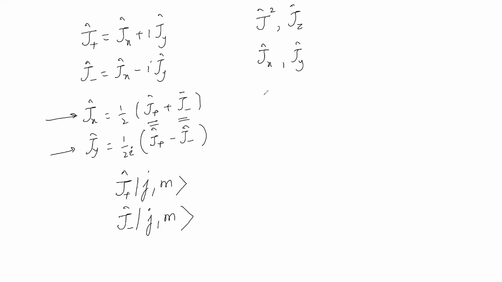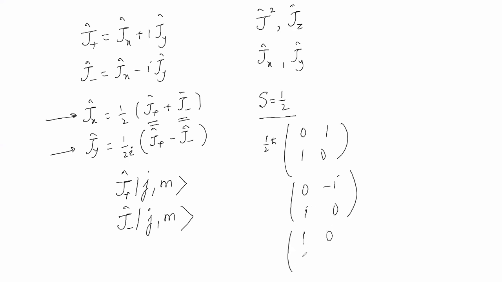If you recall from your 12th class, you are taught spin S is equal to half, and then you are told about Pauli spin matrices, which are given by 0 1 1 0, 0 minus i i 0, and 1 0 0 minus 1. You are told that these Pauli matrices are Hermitian, they are traceless.